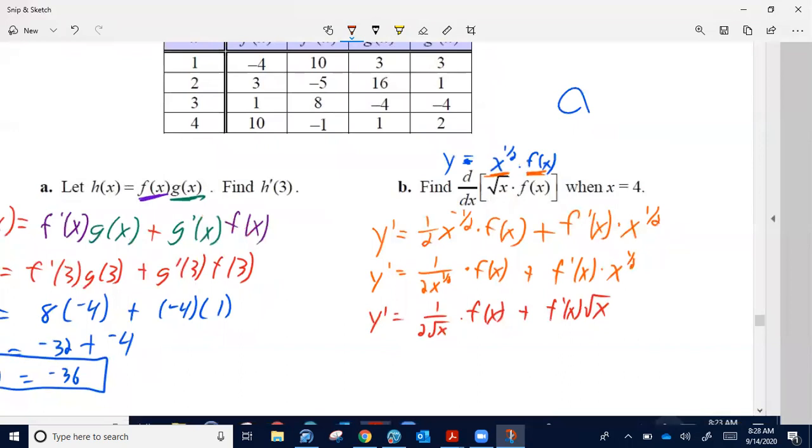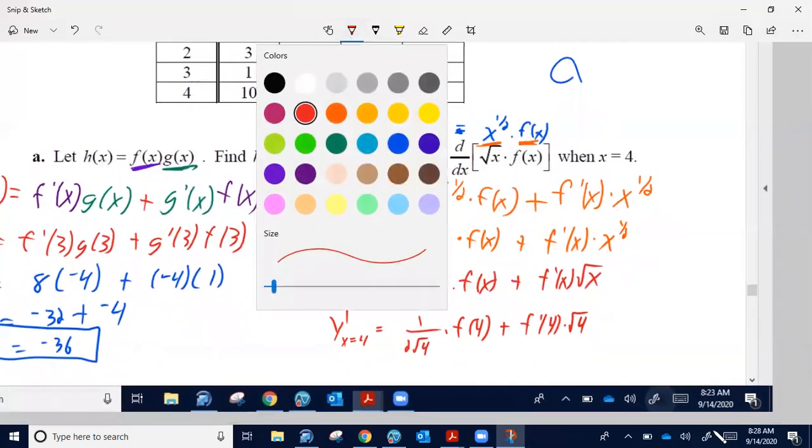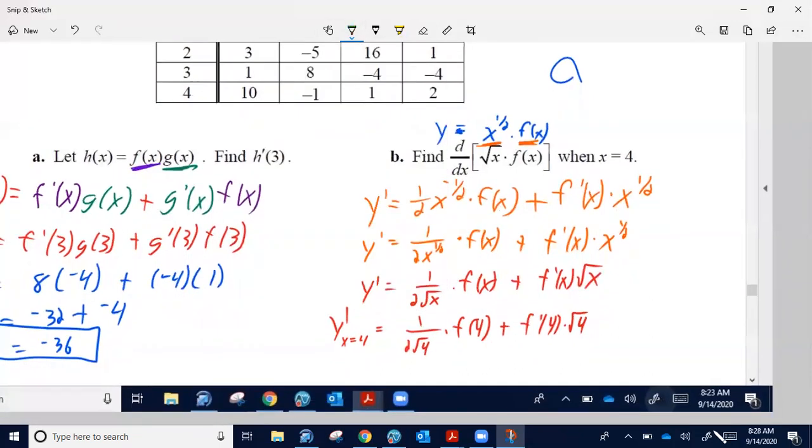I want to do this when x equals 4. So we're going to do y prime when x equals 4 here. So 1/2 radical 4 times f of 4 plus f prime of 4 times radical 4. All right. We can find these now.